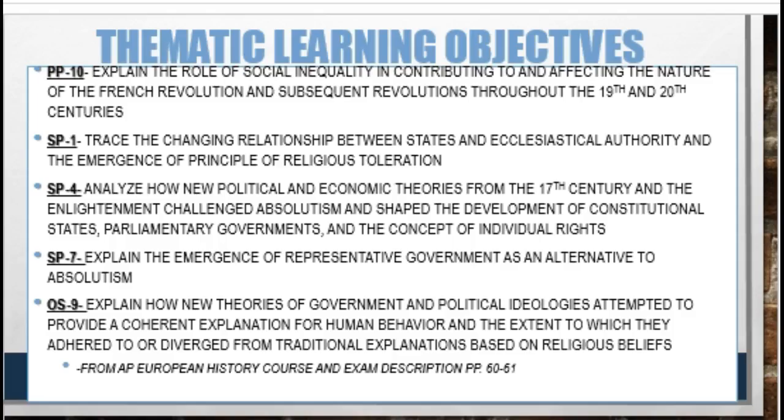Now, as you can see here on this slide, this particular section also covers a lot of the thematic learning objectives, and again, we're not going to memorize these, but if you look over these, you could pause the video and get your mind focused on what the themes are that are the most important, according to the College Board, to take out of this particular section.